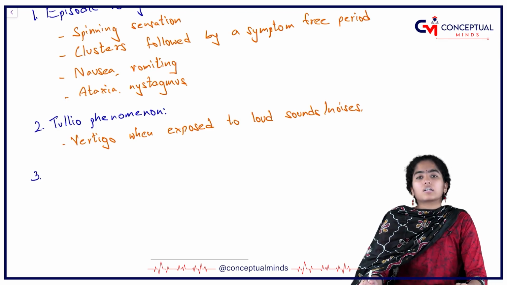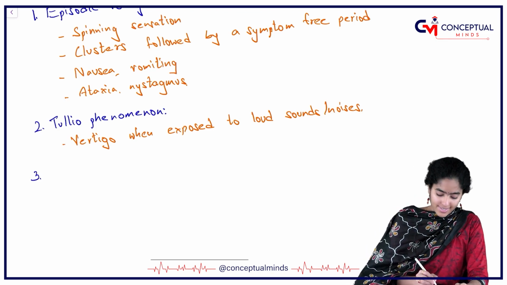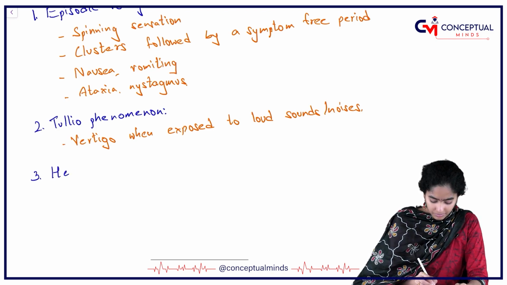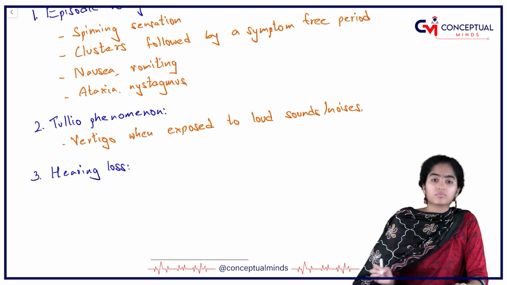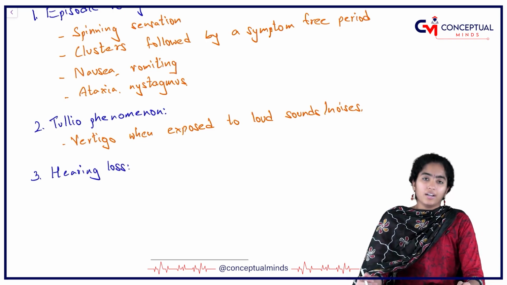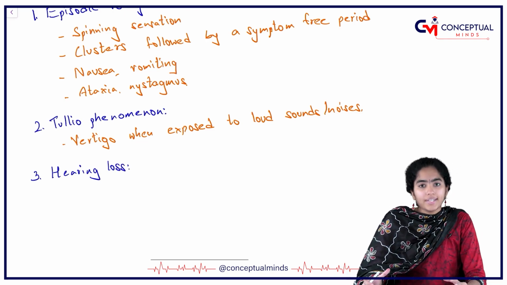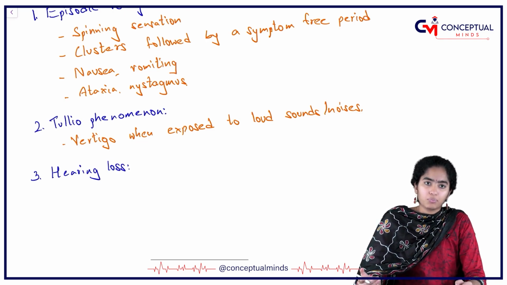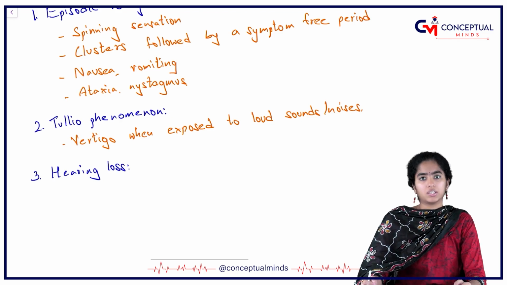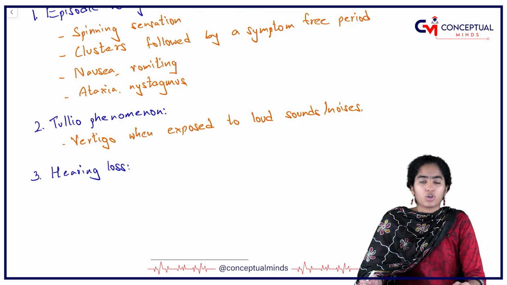The next clinical feature that is observed is hearing loss. Hearing loss usually accompanies vertigo. When the patient is having an attack of vertigo, that time only he experiences hearing loss also.